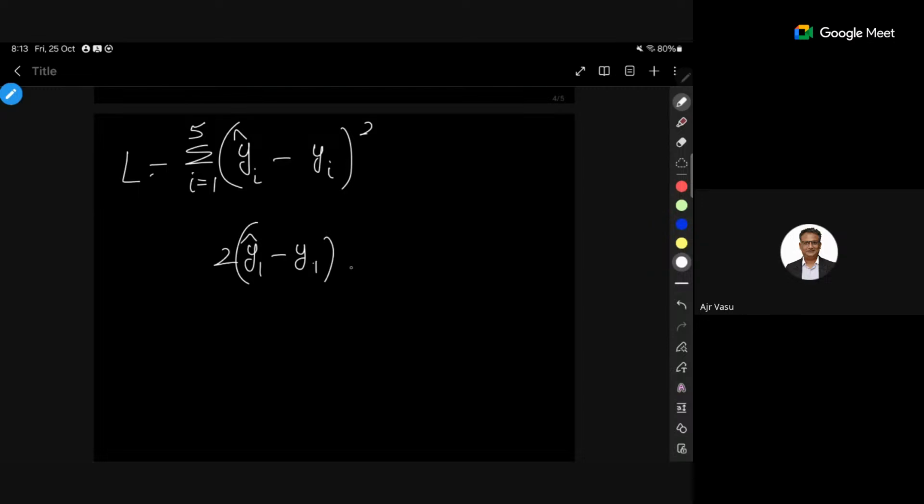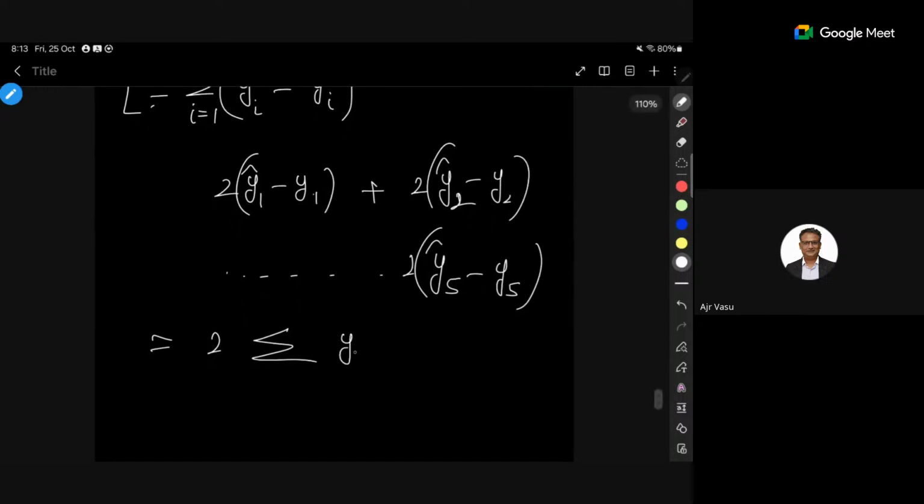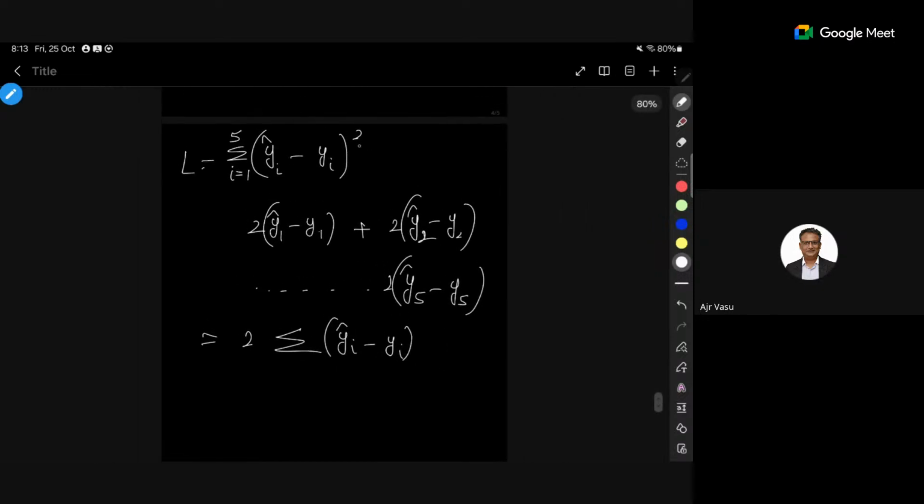Then for the second point you'll get the same thing, 2 times y2 hat minus y2, and for the third point and so on, till y5 hat minus y5. So you can write this as a summation of 2 times yi hat minus yi, which is the derivative of this loss function.